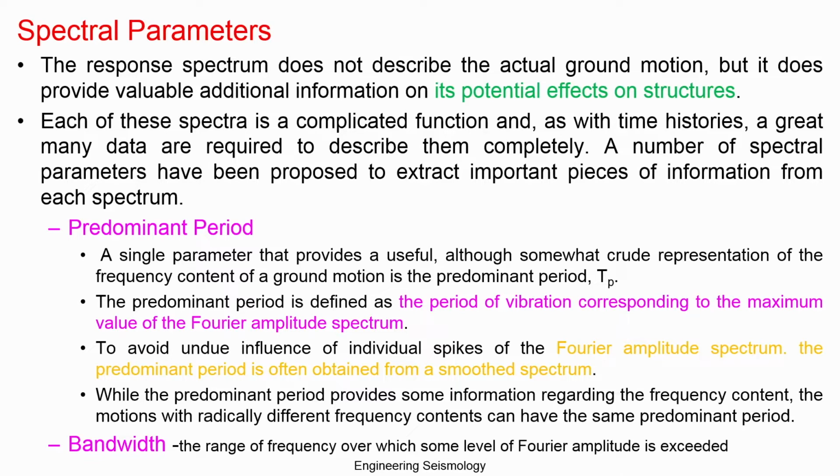A number of spectral parameters have been proposed to extract important pieces of information from each spectrum. One is the predominant frequency. The predominant frequency is a single parameter that provides a useful, although somewhat crude, representation of the frequency content of the ground motion, as is the predominant period. That is the frequency content.